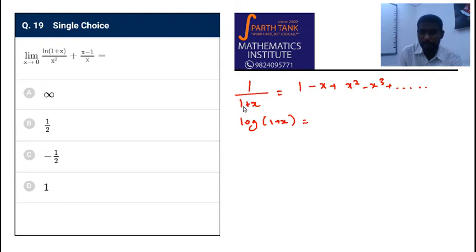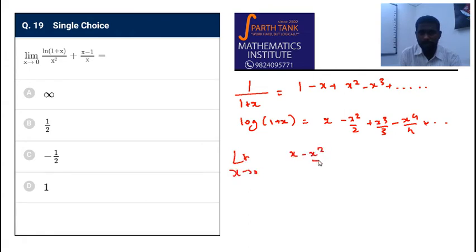So a by 1 minus minus x is a by 1 plus x. If I integrate both sides, I get x minus x squared by 2 plus x cubed by 3 minus x power 4 by 4 and so on. Substitute this there and see what happens. So limit x tends to 0, x minus x squared by 2 plus x cubed by 3 minus x power 4 by 4, by x squared plus x minus 1 by x.